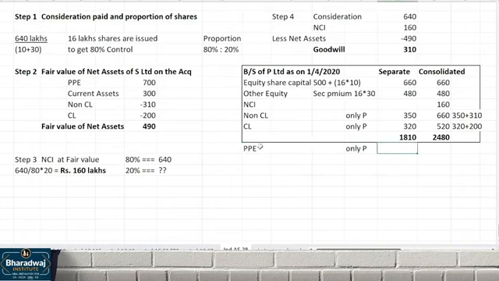What is PPE of P? 720. Consolidated போடும்போது 720 plus 700. How much? 1420. Then what is the next one? Goodwill arises only in consolidation, 310.